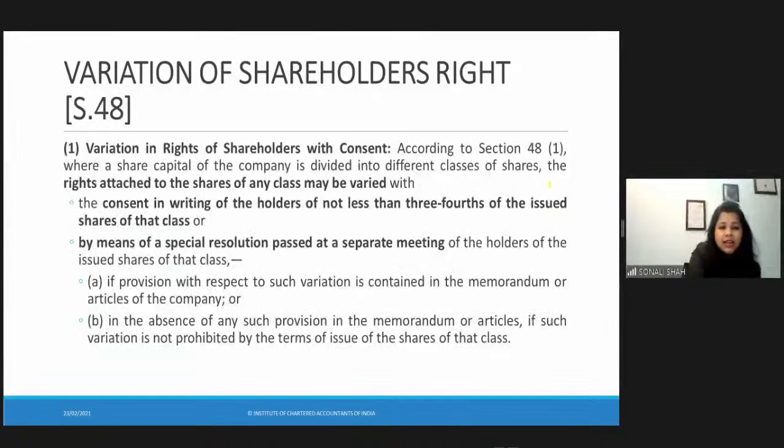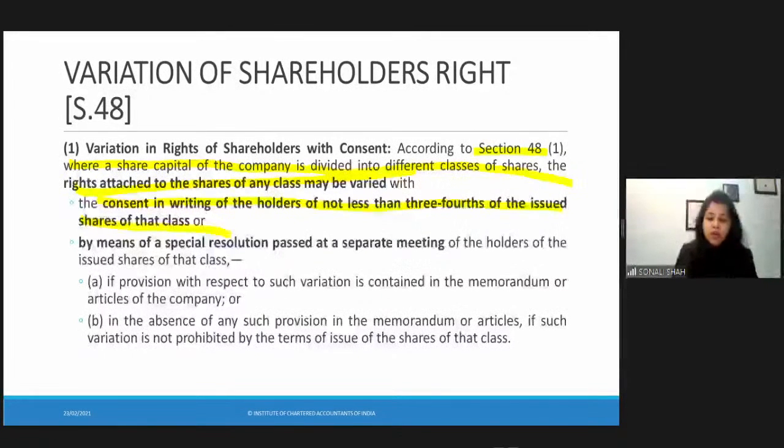Coming to this section on variation of the rights of shareholders with consent, Section 48(1) says, where the share capital of the company is divided into different classes of shares, the rights attached to the shares of any class may be varied with the consent in writing of the holders of not less than 3/4 of the issued shares of that class.